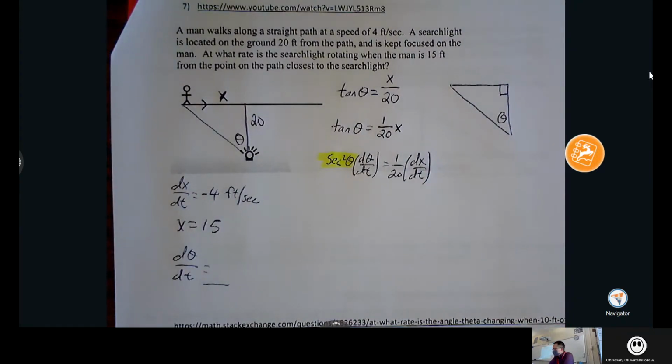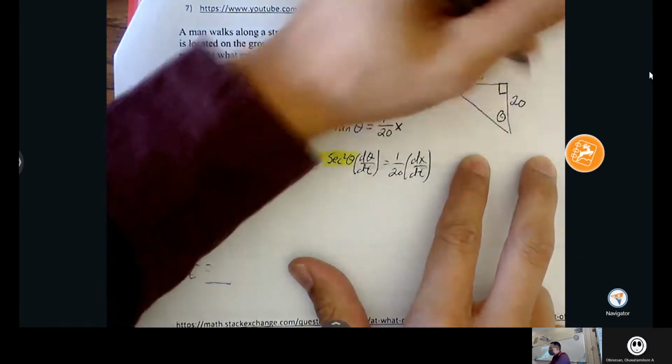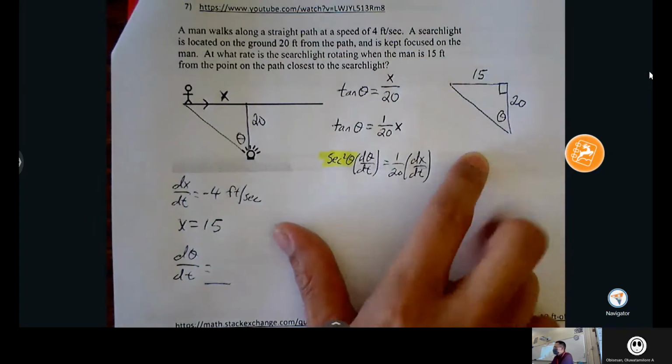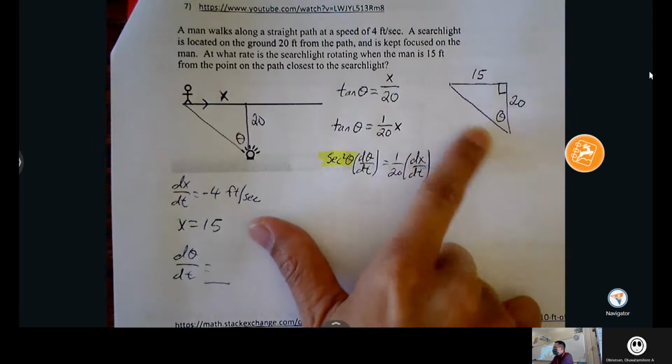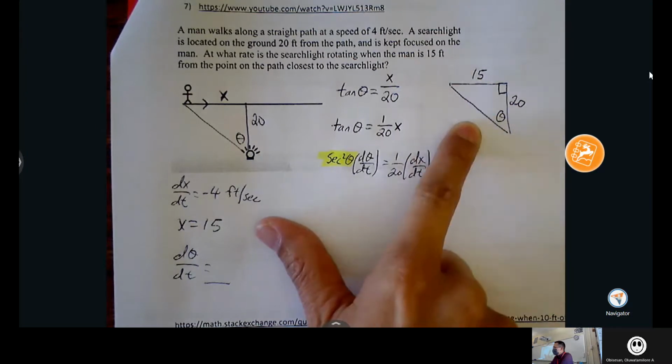Yeah, you can do 15 feet for x, 20 feet for y, and then how do I find this? Pythagoras. Yeah, Pythagoras theorem. a squared plus b squared equals c squared.